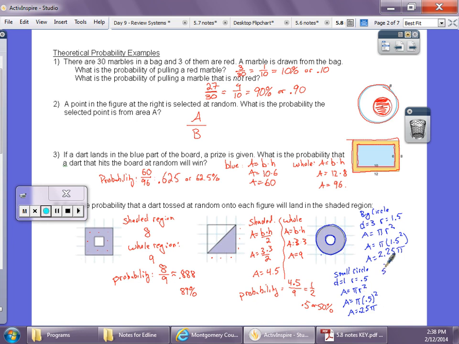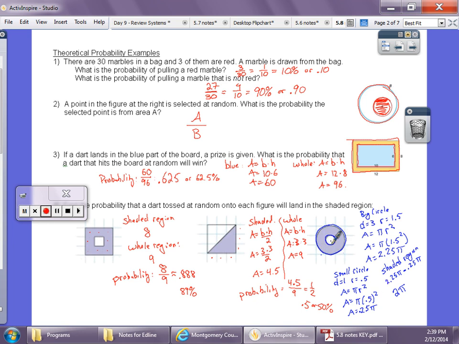So the area of the shaded region is the big circle minus the small circle. So the shaded region is 2.25 pi minus 0.25 pi, which gives us 2 pi. The big circle is the entire region, so it represents everything, even though the little one's inside. The shaded region is just the outside.